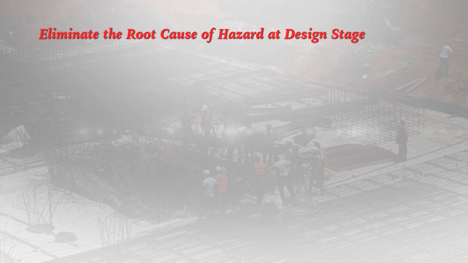What are these? These are: first, eliminate the root cause of hazard at design stage. Means it is not the thing that accidents will happen at the time of construction only, at the work site only, and you can control them or prevent them by doing some intervention at the work site after the start of construction.